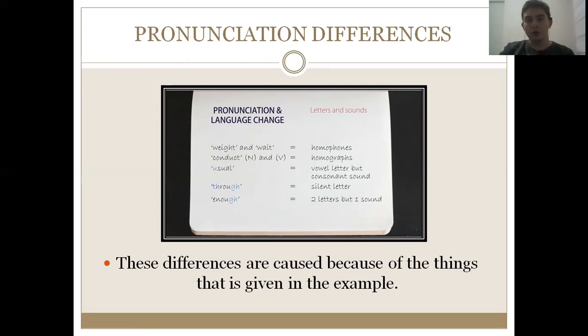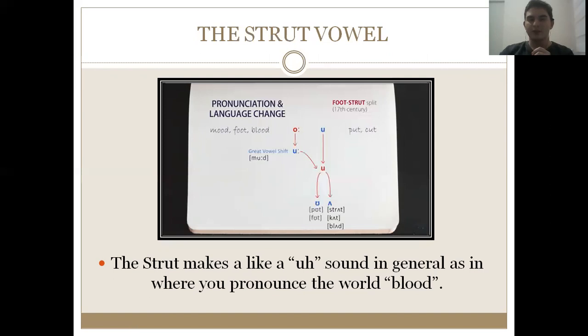For "thorough", you don't say GH, you say O. For "enough", GH represents F. So things like this make it very hard for people to learn this language.